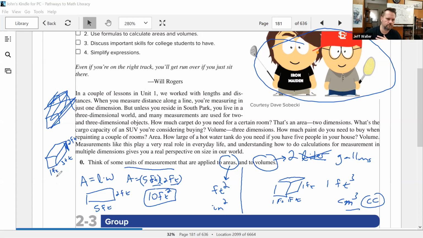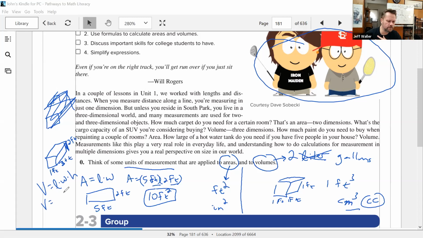1 foot, 3 feet, 2 feet. 1 by 3 by 2. So you're adding? Definitely not. Length times width times height.